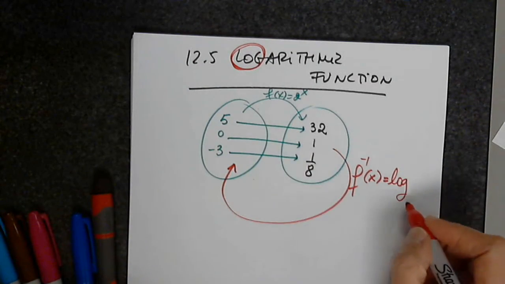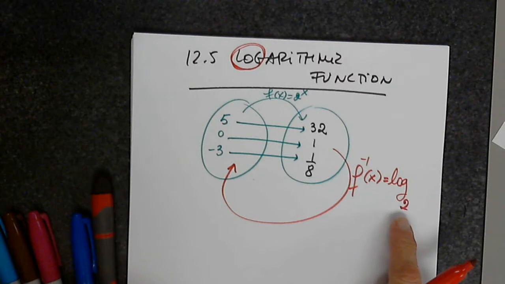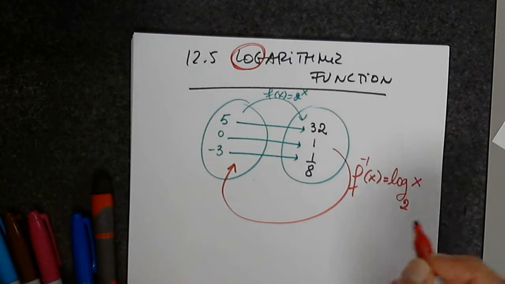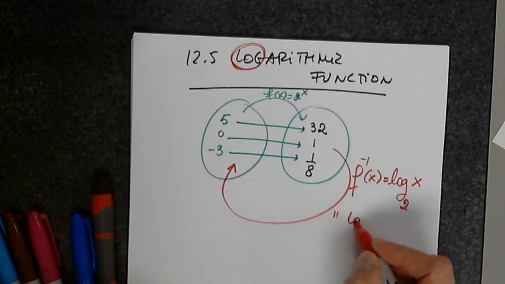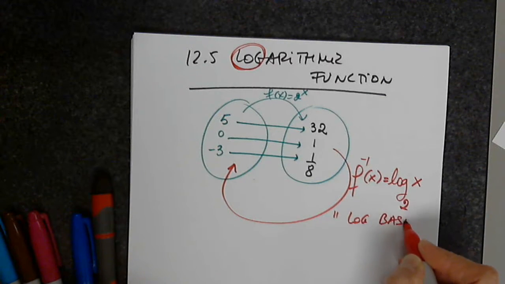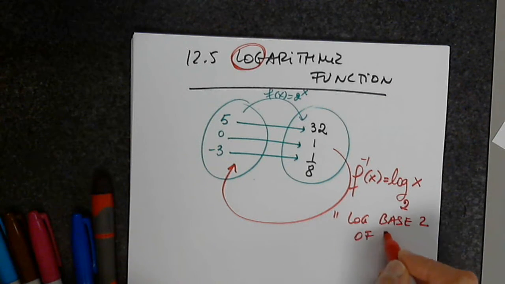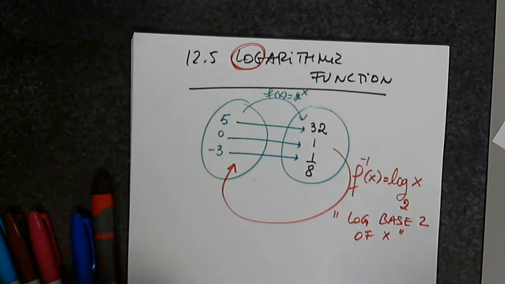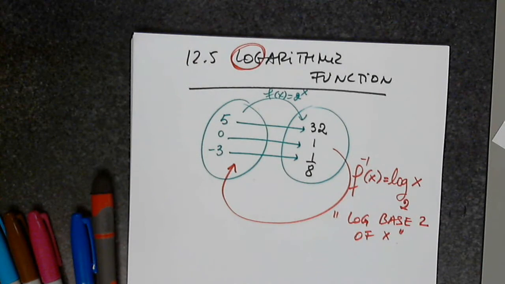It has to have the same base right here at the bottom, and then x. So here's how we read this. Log base 2 of x.